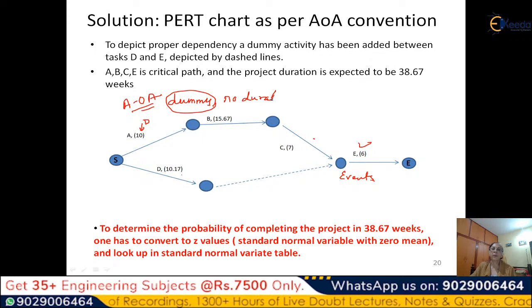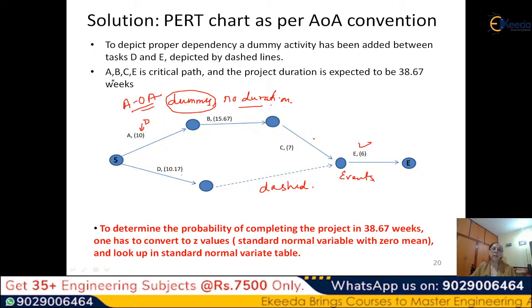It has no effort. It is a zero duration. It's a dummy activity just to be able to create a node to show the proper dependency. And it is different from these others, as it is depicted by a dashed line.